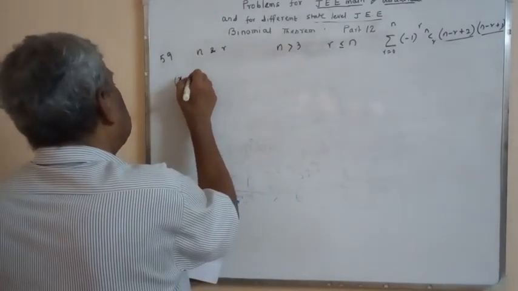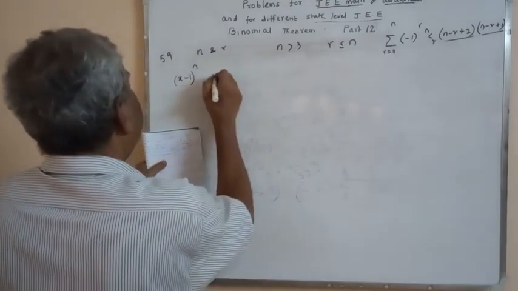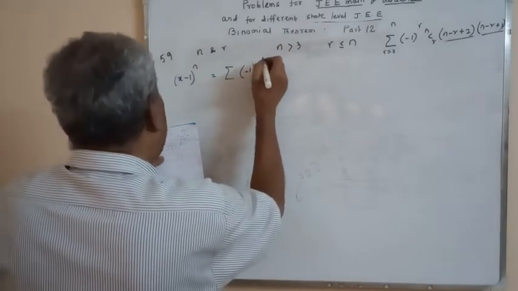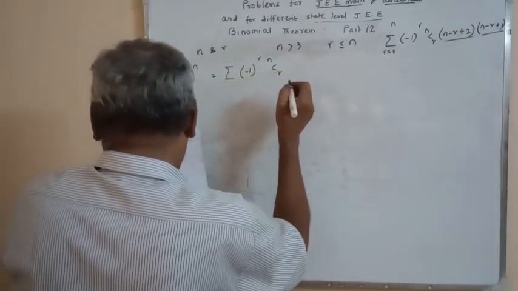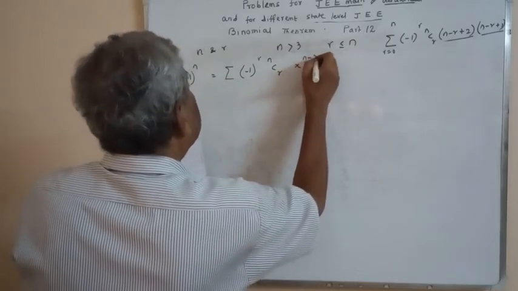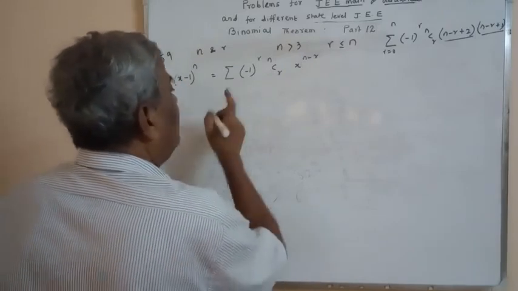We know that x minus 1 to the power n is equal to sigma minus 1 to the power r nCr x to the power n minus r, because the first term is x to the power n.